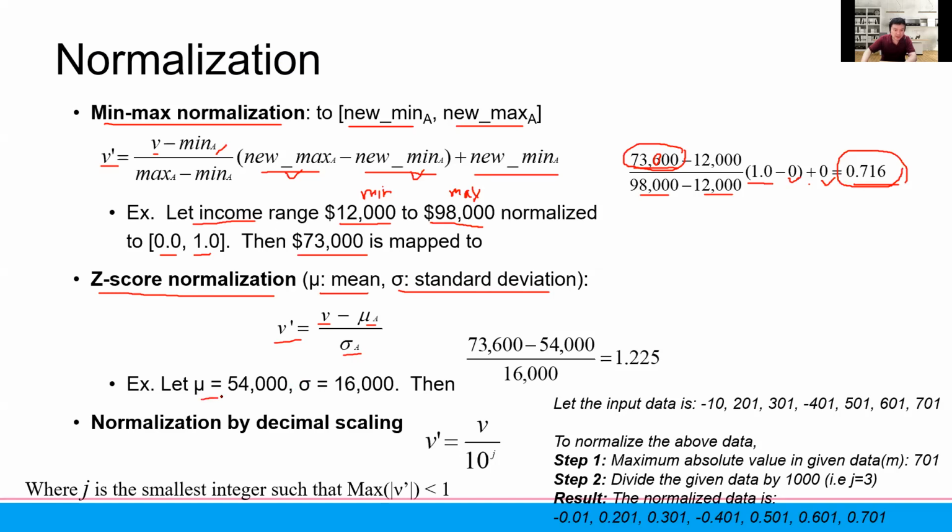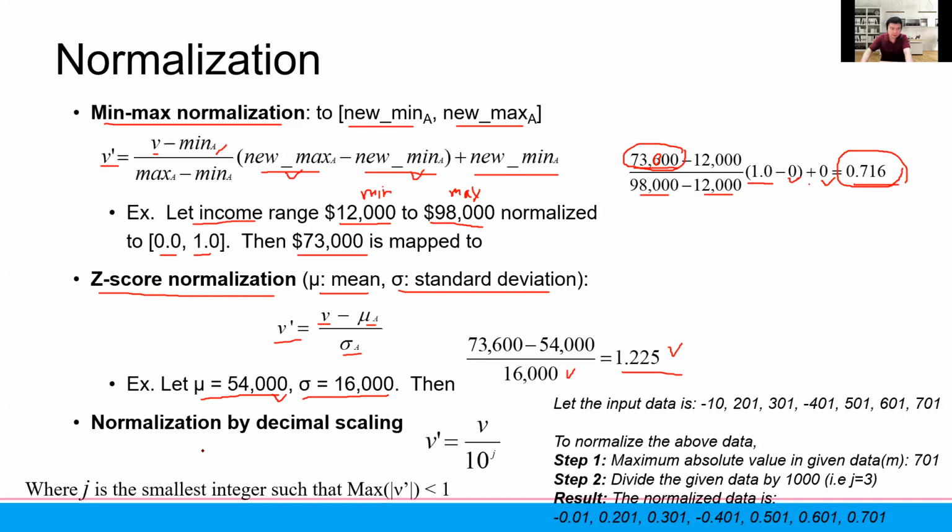Suppose the mean is 54,000 and the standard deviation is 16,000, and I have an income value of 73,600, just as an example. I subtract 54,000 because it is mu, then divide by the standard deviation 16,000, and I will get this value. This will be the new value based on z-score normalization.